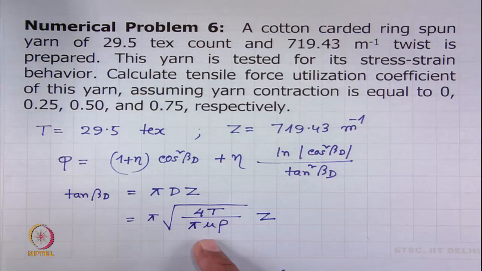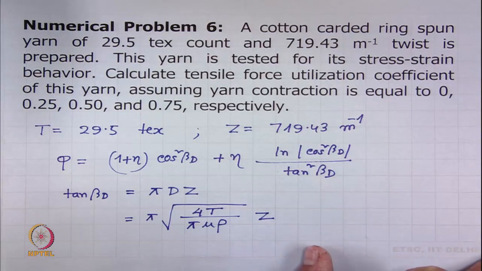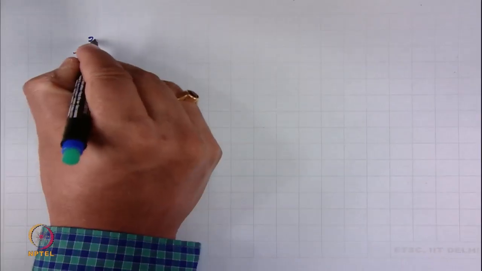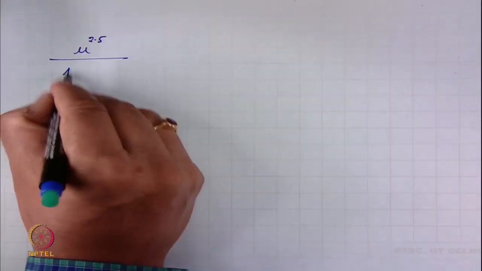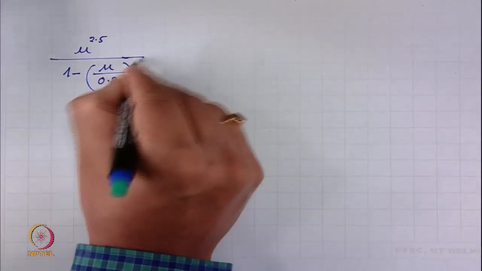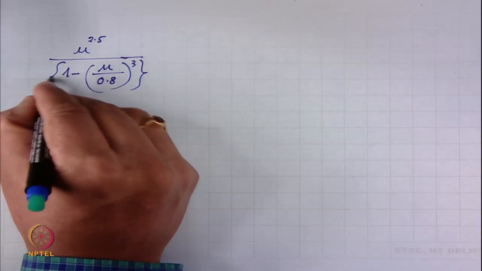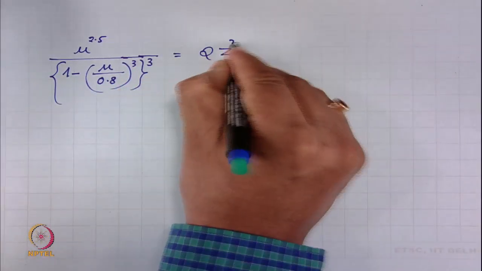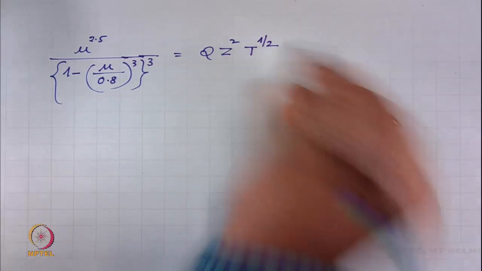How to find out mu? We can find out mu in a manner we learned earlier. Let me show you how. Mu to the power 2.5 by 1 minus mu to the power 0.8 equals cube q Z square T to the power half.